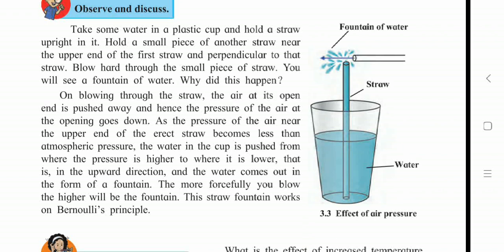In the upward direction, water comes out in the form of a fountain. The more forcefully you blow, the higher the fountain will be. The fountain height depends on your blowing.